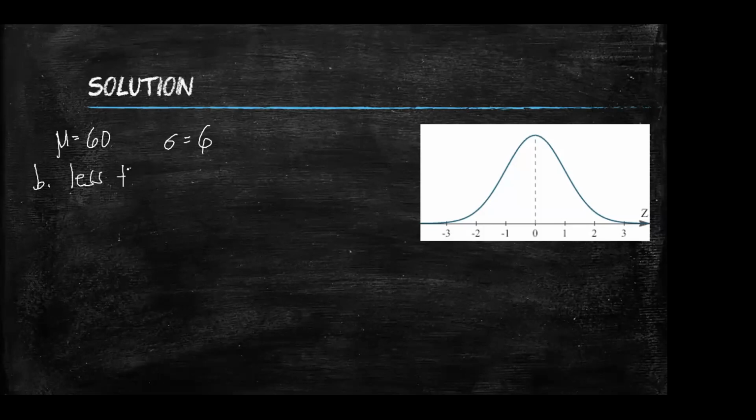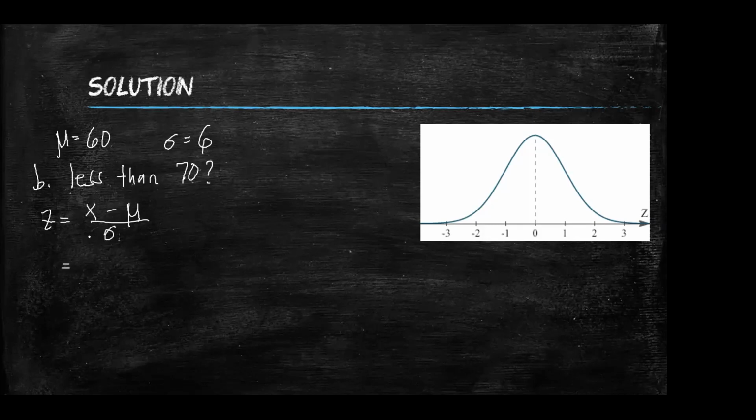So less than 70. Ngayon class, I forgot to explain that it is important to draw or to illustrate the normal curve para malaman nyo kung saan talaga yung kukunin na parts. Okay? So first step is to find the z-score. Our z-score is x minus the mu over sigma.